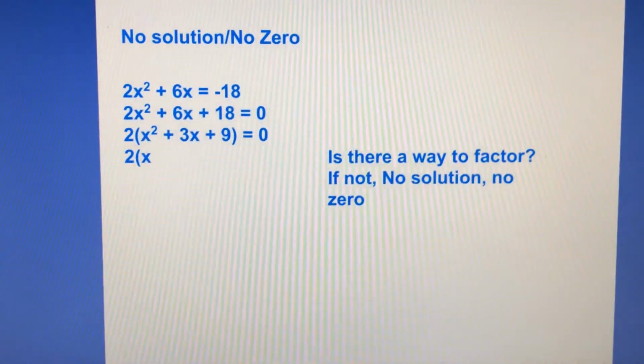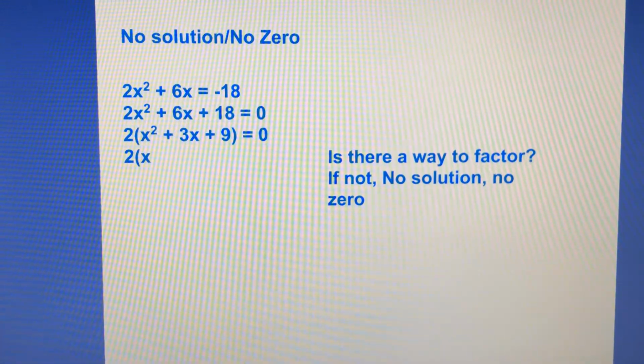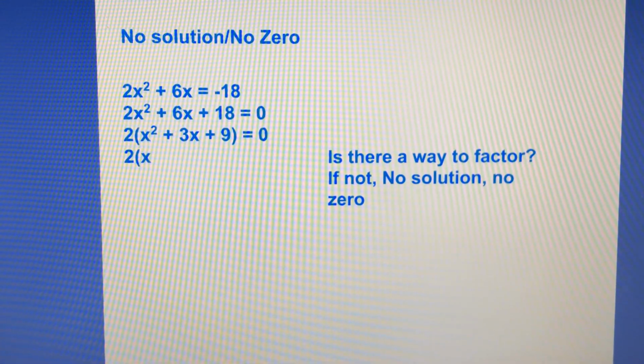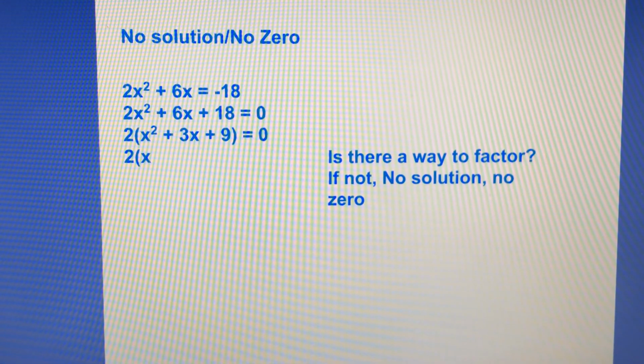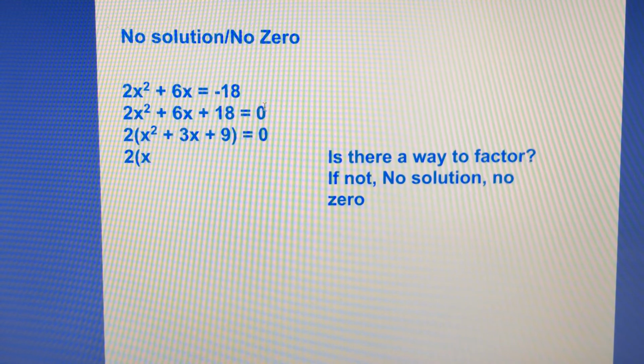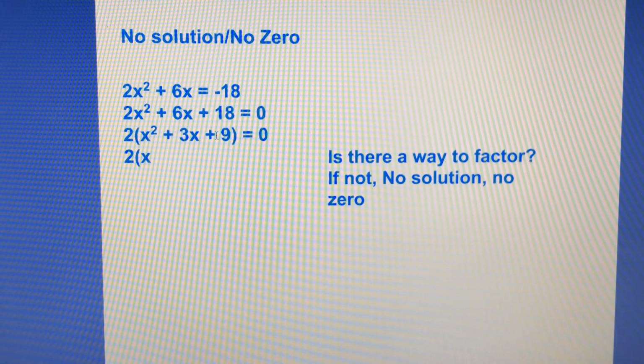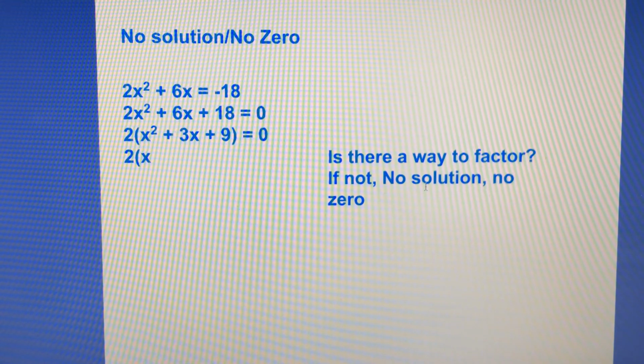What if there's no solution and no zero? 2x squared plus 6x equals negative 18. Okay, first of all, I have to make it equal to 0. I need to move the negative 18 over, so I add 18 to both sides. Now I make my y 0. I start factoring. Is there a way to factor?